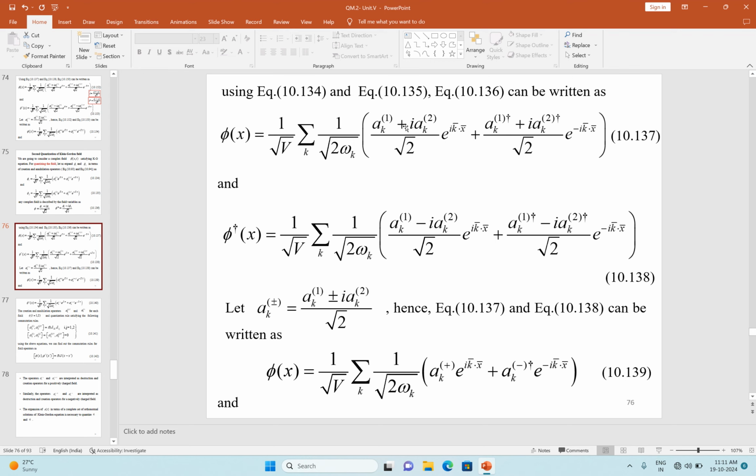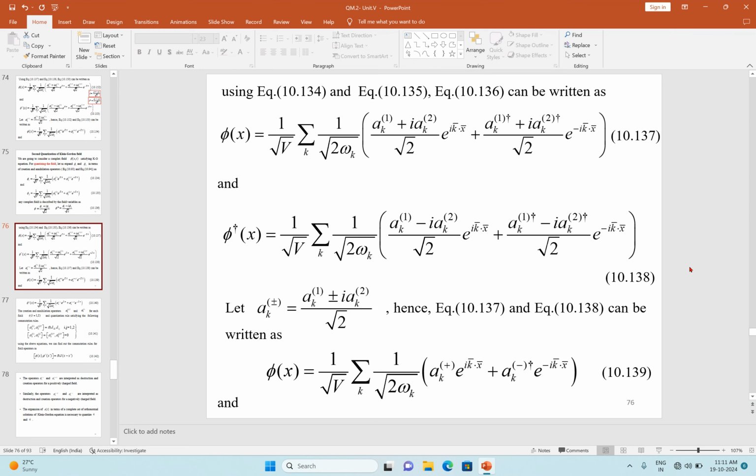And this one, you take the dagger of the complex conjugate, so this will become minus. So this term will become a_k minus dagger, whereas this term will become a_k plus. Similarly, this term will be a minus, and this term, you take the complex conjugate, this will become plus. So this term will become a_k plus dagger.